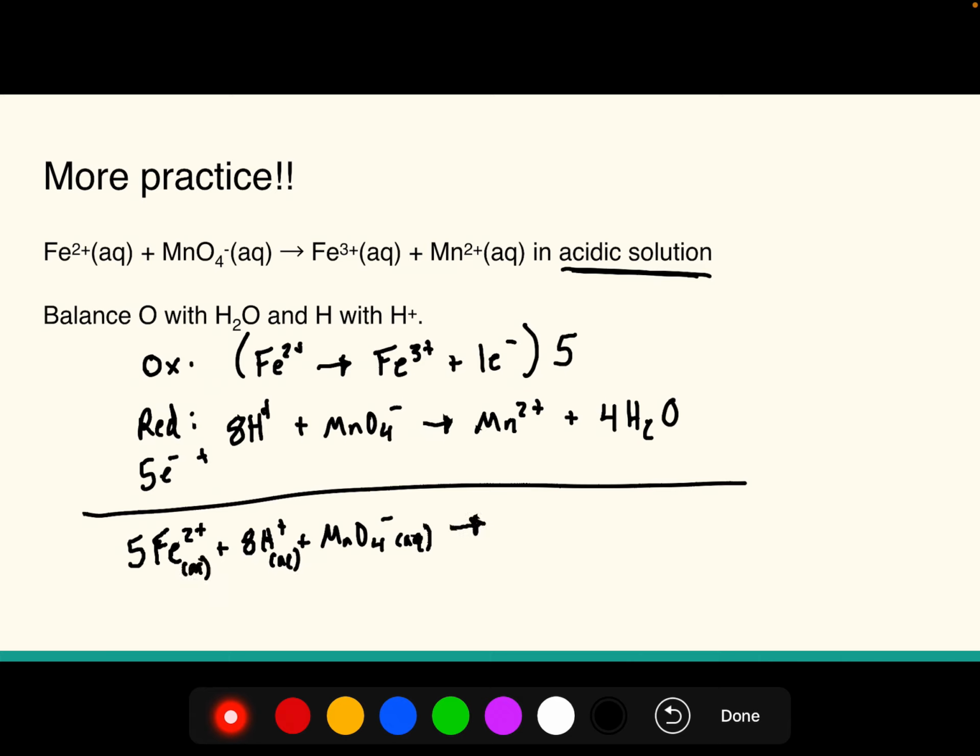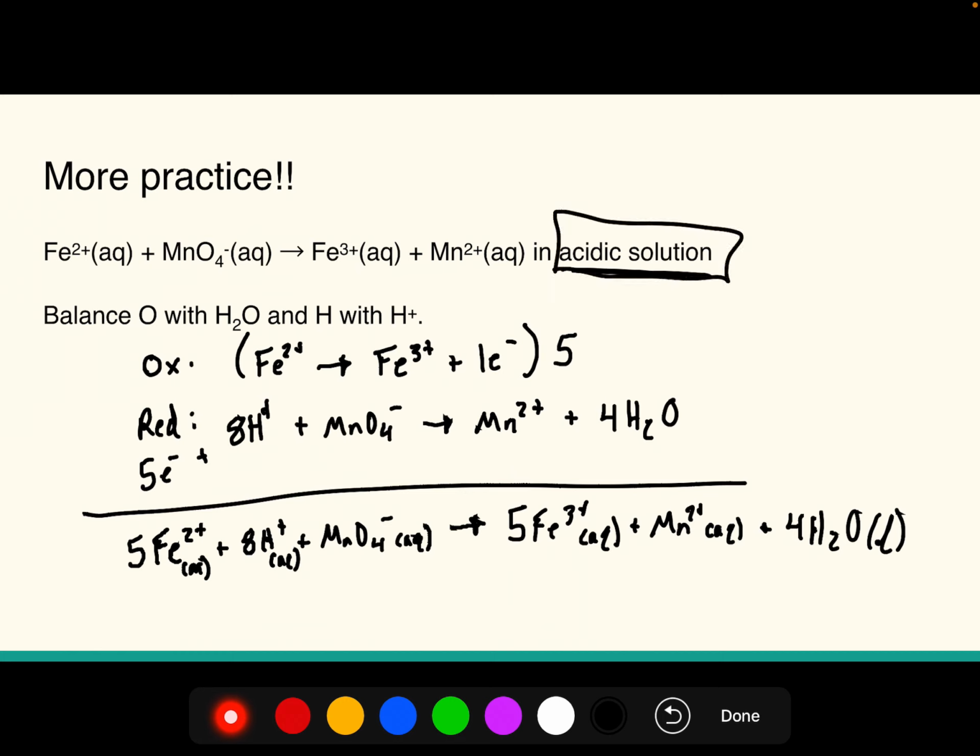And then on the product side, 5 Fe3+, and so on. This is what it means by acidic solution. If it's acidic solution, it's okay to have H+. But if it's a basic solution, it's not, so we have to do a little bit extra.